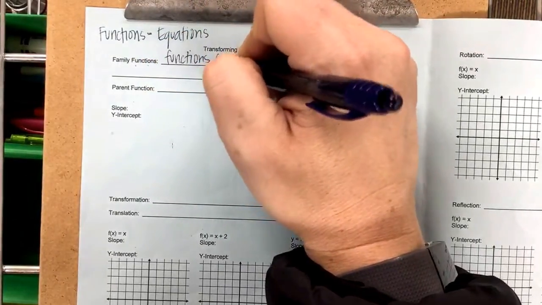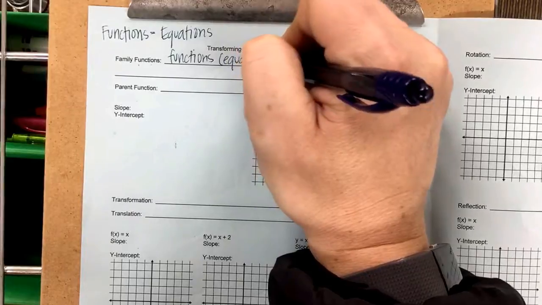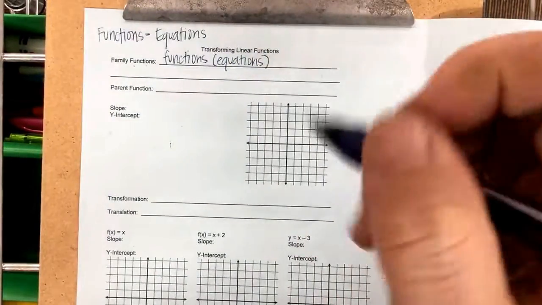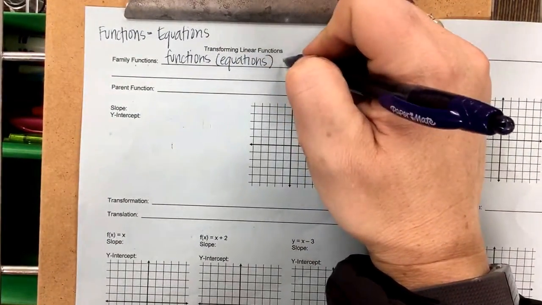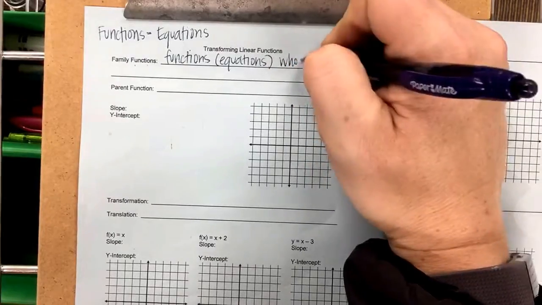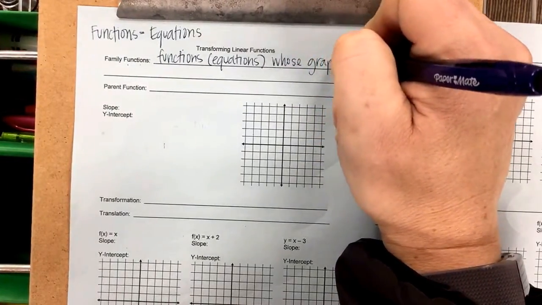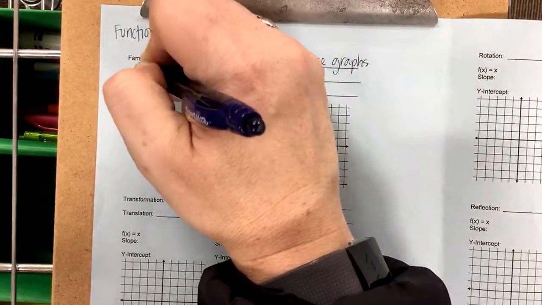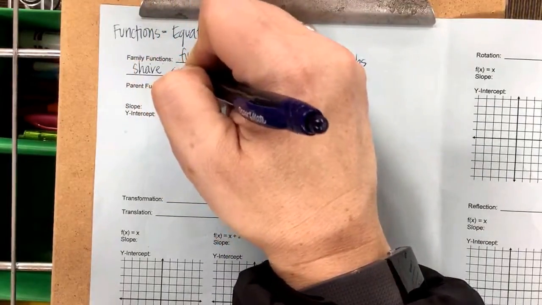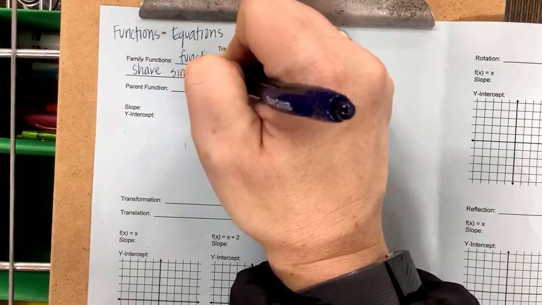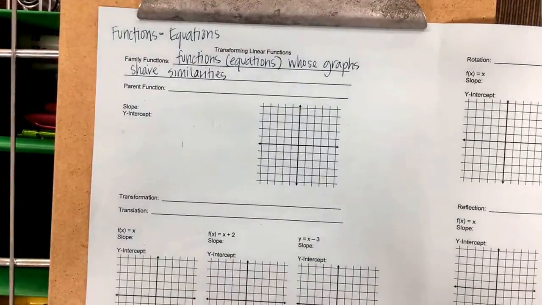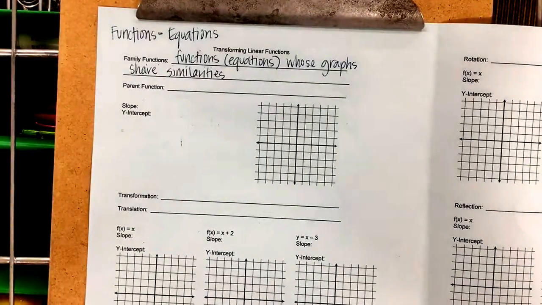Remember again, those are equations whose graphs share similarities. Right? Functions, family functions, are functions, equations whose graphs show or share similarities.